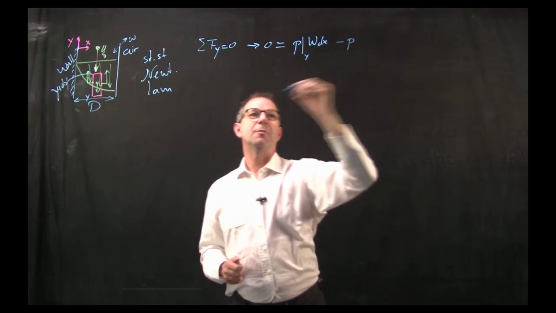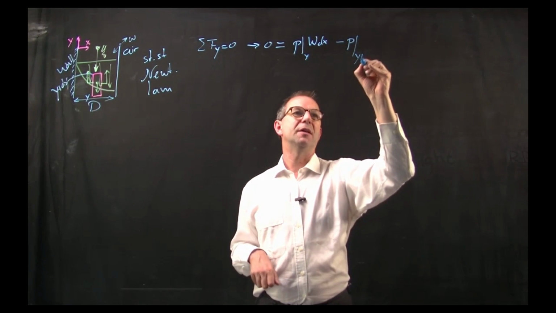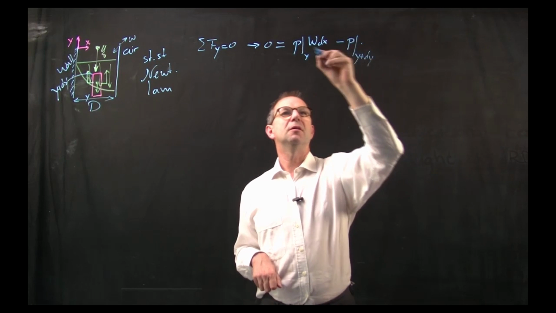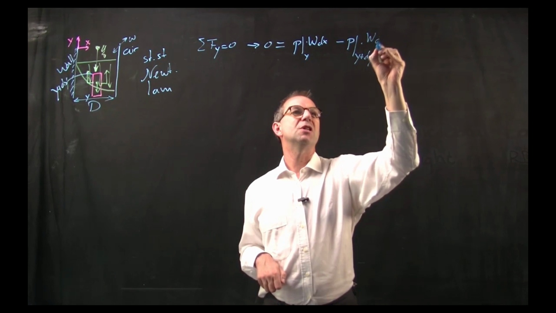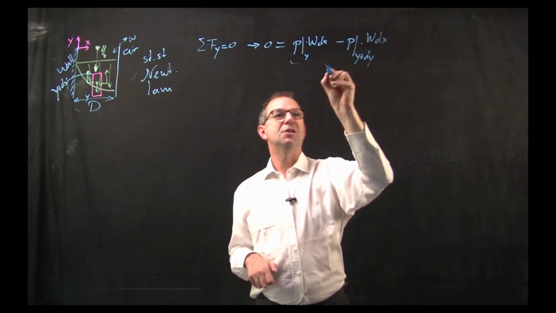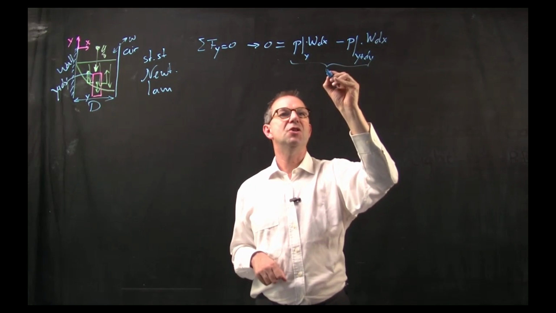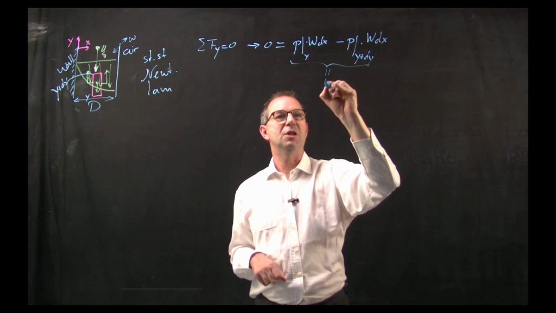So at the top something is pressing down, and I write this only to sum all forces, because I know that the pressure doesn't change, it's a constant in the system, so these equate to 0.